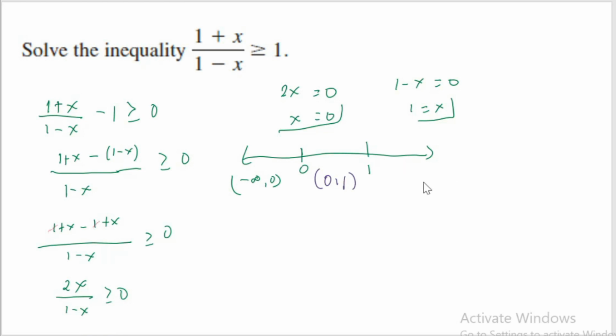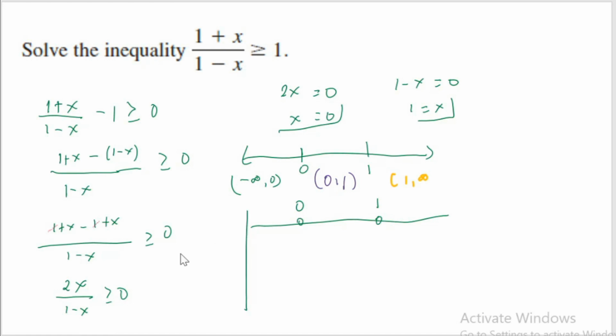And on this interval, we have from 1 to infinity. We are going to test values now, so we can write the signs. This is an open circle, an open dot, for 0, and this is for 1.